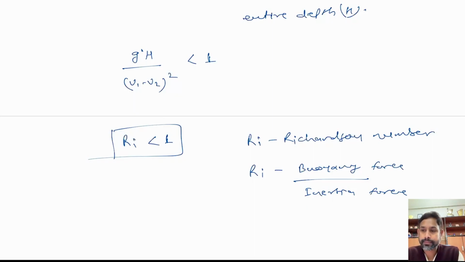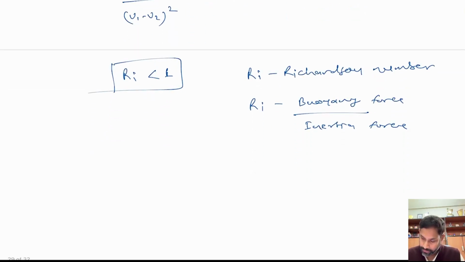So this is something we already did during the introduction of the course. So what it says is, if Richardson number is smaller than 1, then mixing will happen for the entire layer. If Richardson number is greater than 1, then it may not happen.